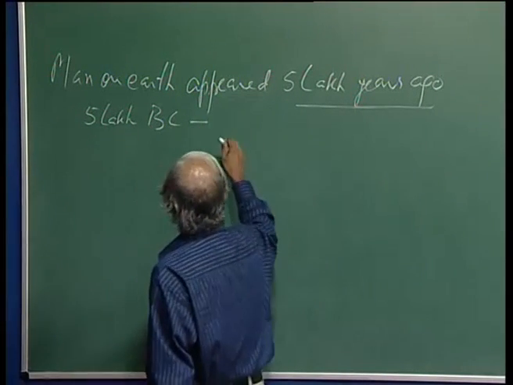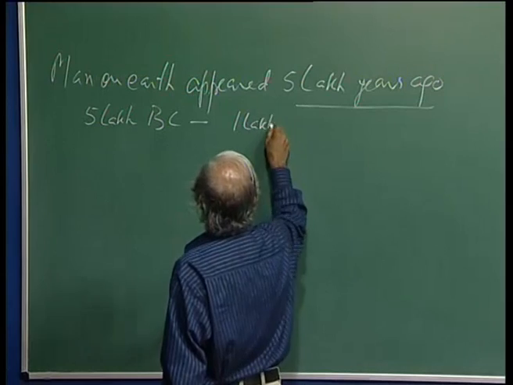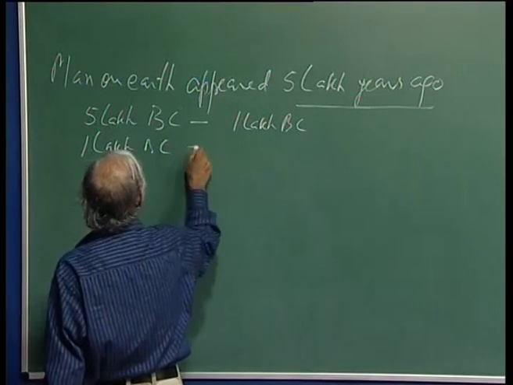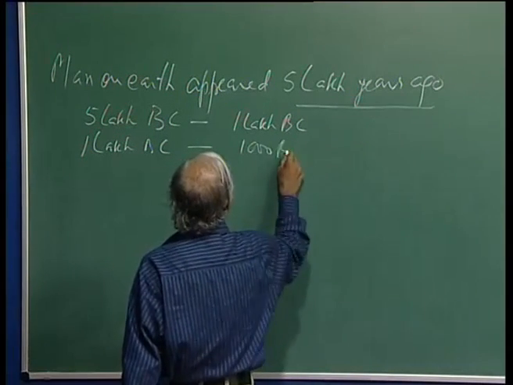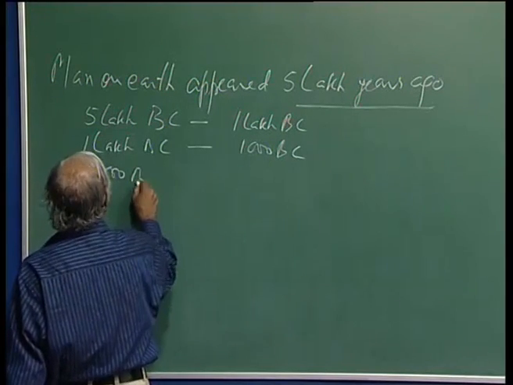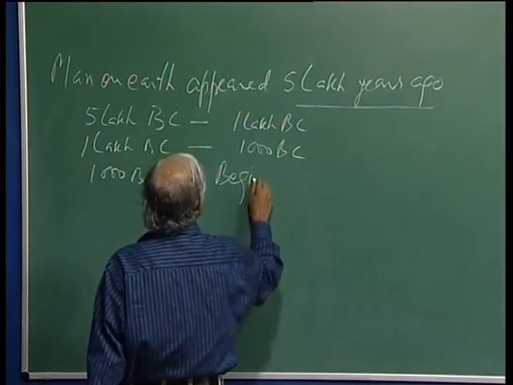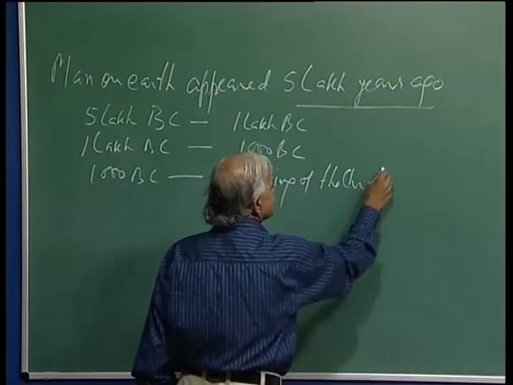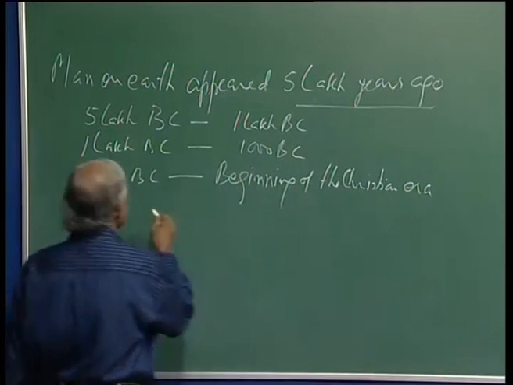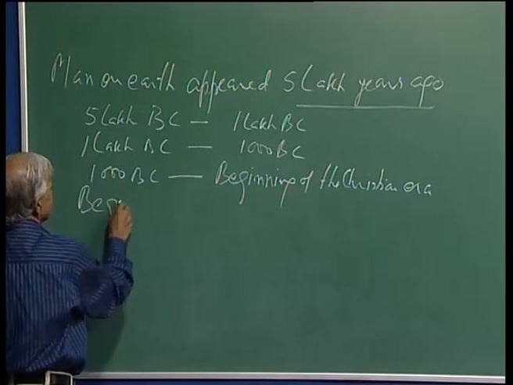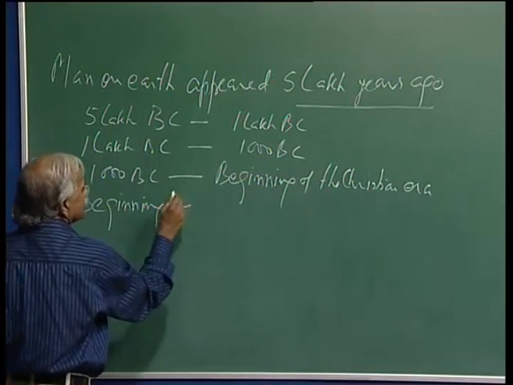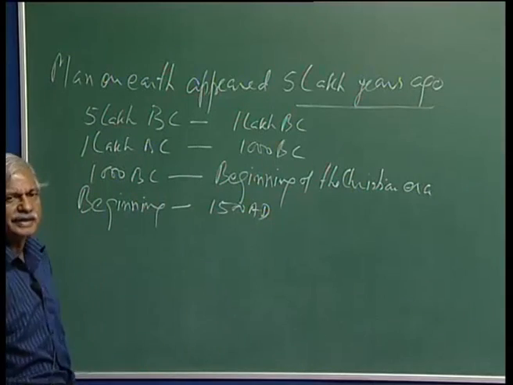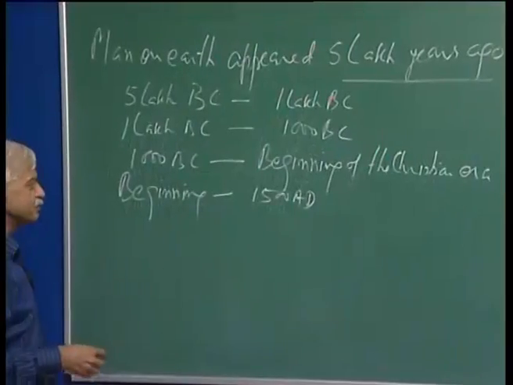BC to 1 lakh BC, 1 lakh BC to 1000 BC, then 1000 BC to beginning of the Christian era, then from beginning of this Christian era to say 1500 AD, because up to 1500 AD the growth of world population was more or less constant.